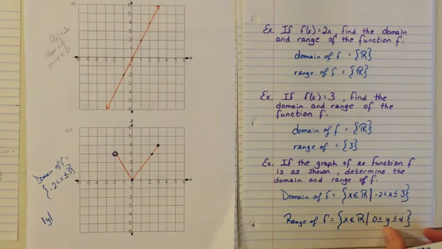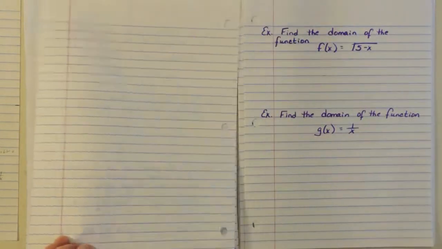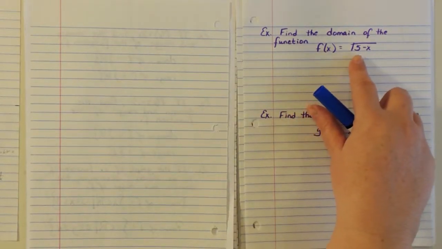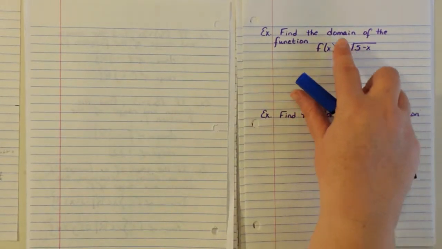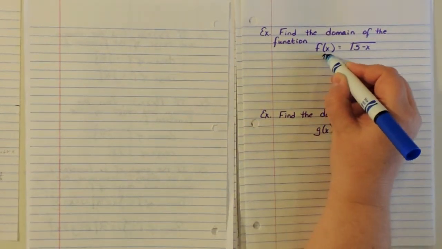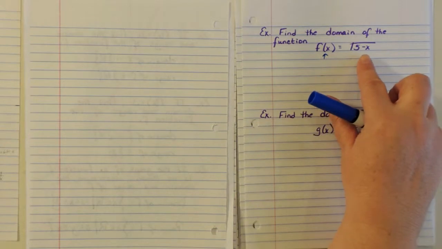Okay, let's try another one. Let's find the domain of the function f of x equals the square root of 5 minus x. Now we're only looking for the domain this time, so that's the numbers that we can plug into x to make this a true statement.